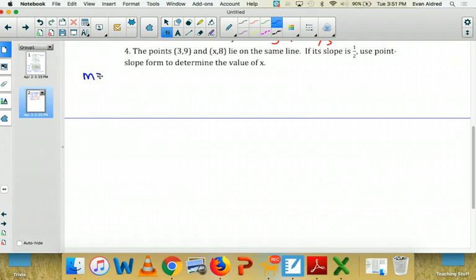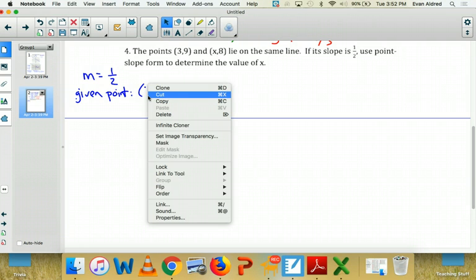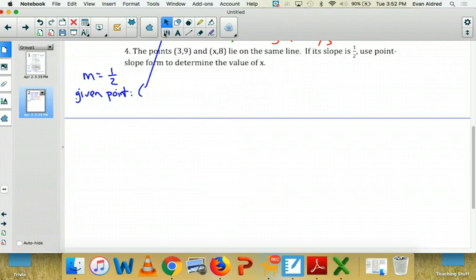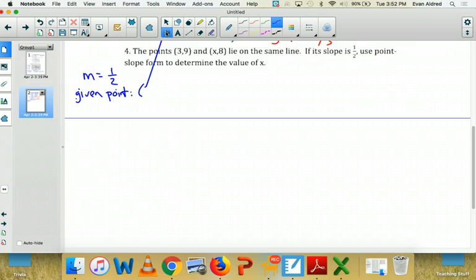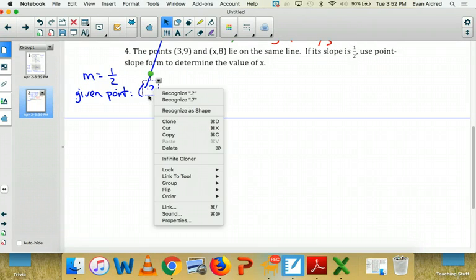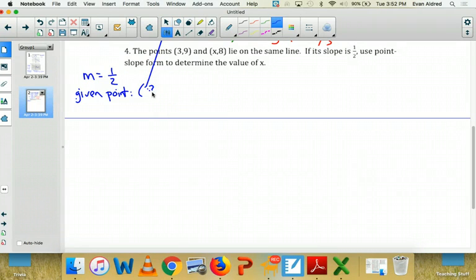Well, we know m is 1/2, and we know that our given point is (3, 9). We're going to use this information to come up with our value of x.